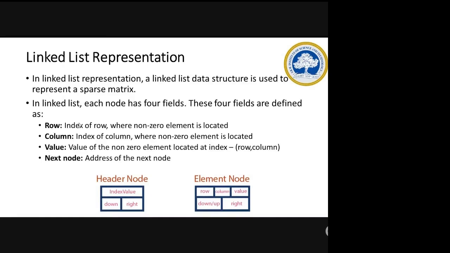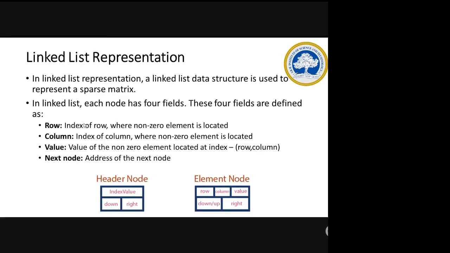Row will contain the row index, column will hold the column index of your particular element, and value is the non-zero value you are having, and the next node is the address of the next element which is being stored.